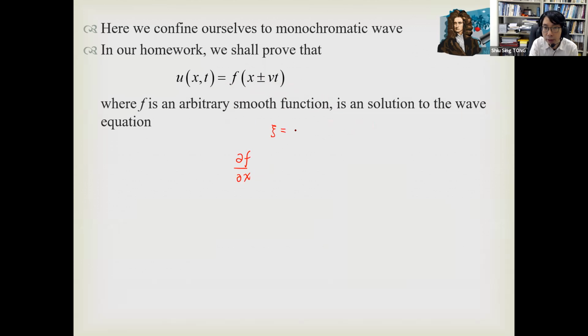Again, I define this quantity inside the brackets to be c. So I apply the chain rule, right?